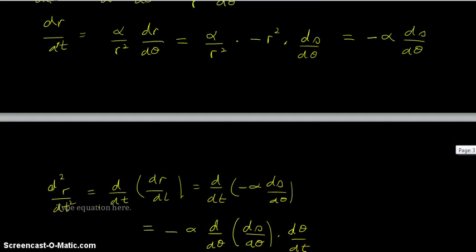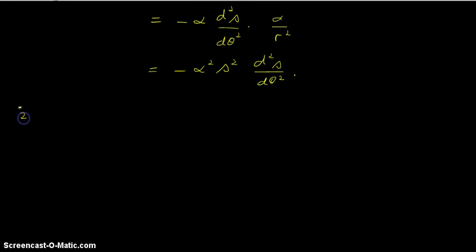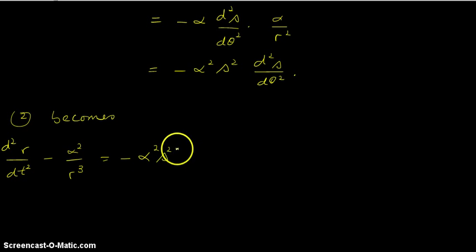So 2 becomes d2r by dt squared minus alpha squared on r cubed equal to minus alpha squared s squared d2s by d theta squared minus alpha squared s cubed equal to minus k s squared.